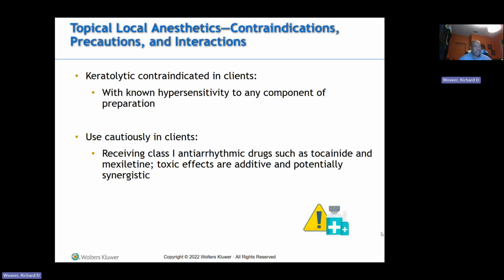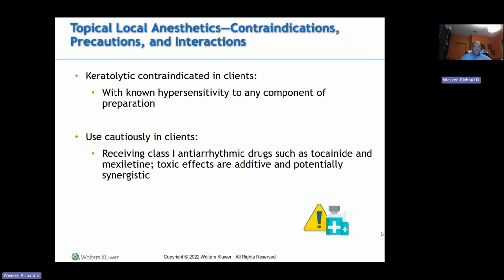Toxic effects are additive and potentially synergistic. So remember, those are some of the terms that we learned early as far as that foundational pharmacology vocabulary. When it's additive, it makes it more powerful. The toxic effects can be more powerful.